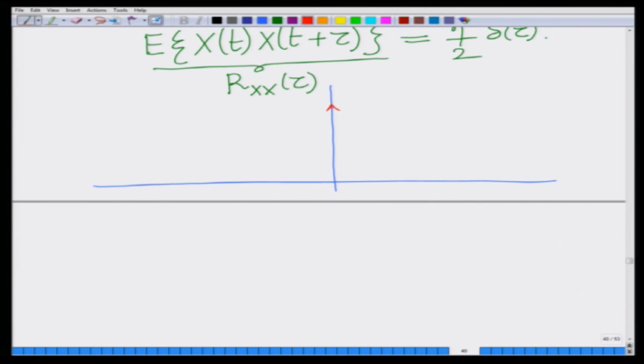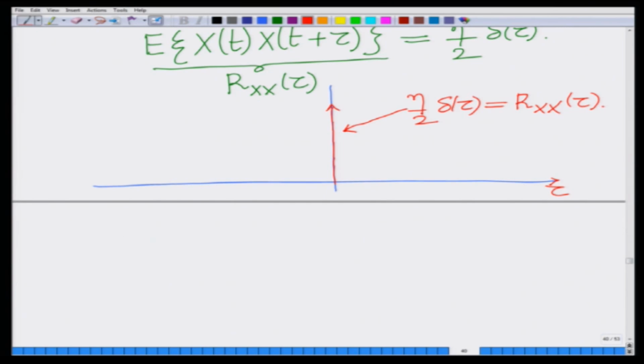That is, the autocorrelation of white noise is basically an impulse, eta by 2 times delta of tau, as a function of tau.